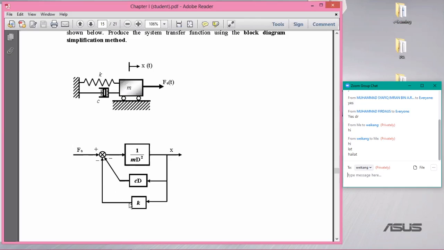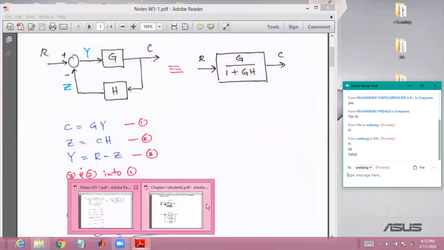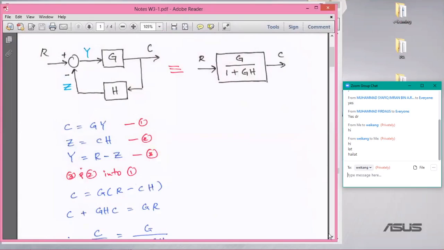So how can we simplify this? It is not quite clear, but here you see this is a summing junction. You can split that summing junction into two, and the takeoff point you can take from the same signal. I'm going to redraw this. All right, so let's go to my notes.